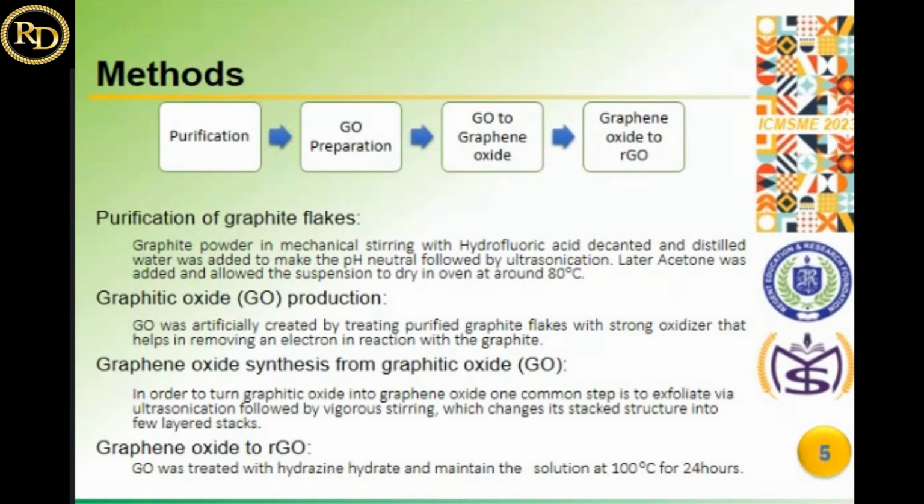After that, we did ultrasonication for proper mixing. Later, acetone was added and it was allowed to suspend, and it was dried in an oven at around 80 degrees centigrade.